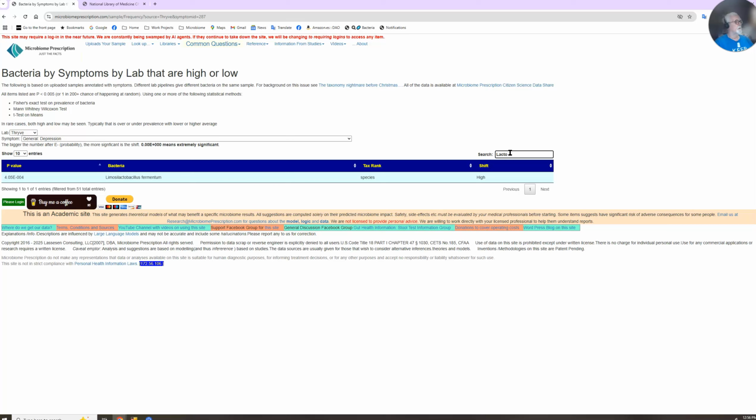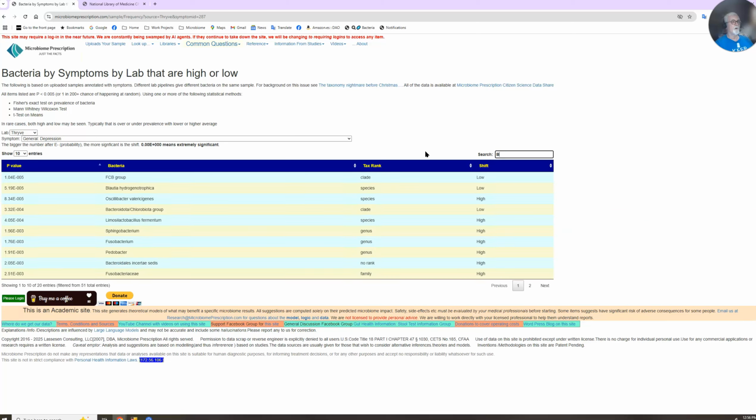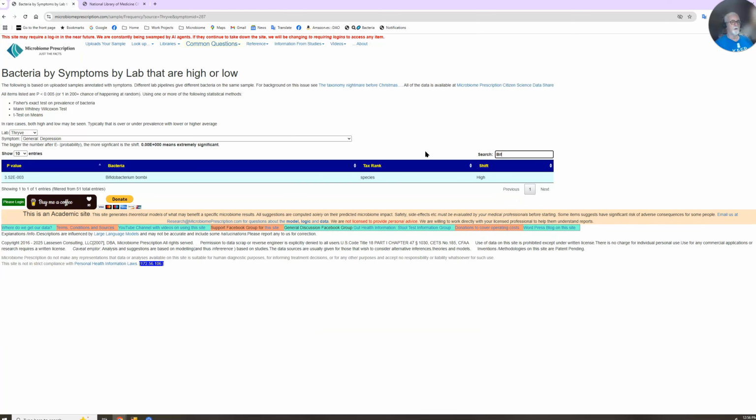Different labs report bacteria differently. Lactobacillus fermentum is high, okay, which is not particularly good. I mean, you can get it as a supplement. I have it as a supplement, but if you're dealing with depression, you don't want more of it. And we can do Bifido. Bifidobacterium bombay is high, and that's it. So that's it for Thrive.